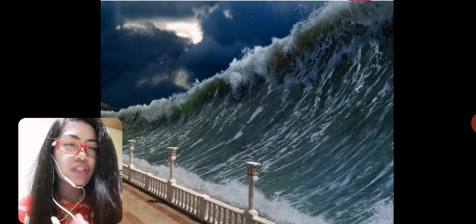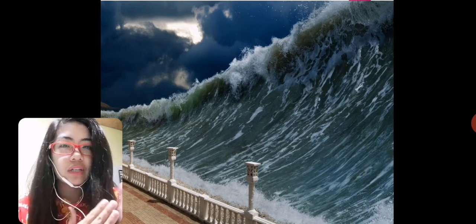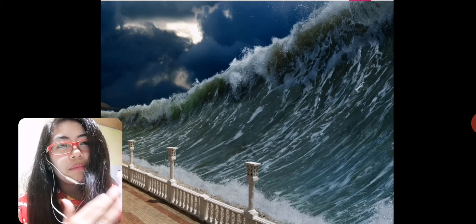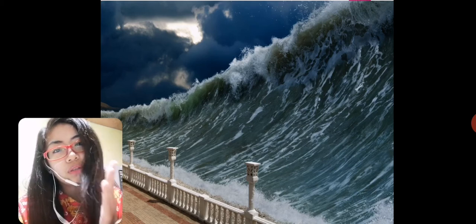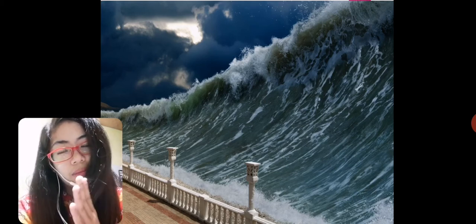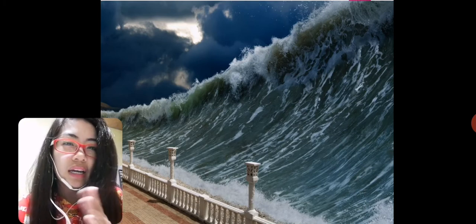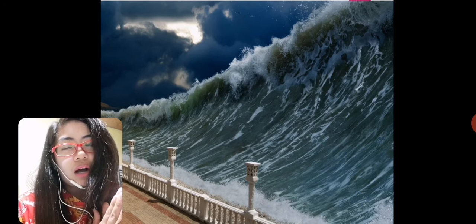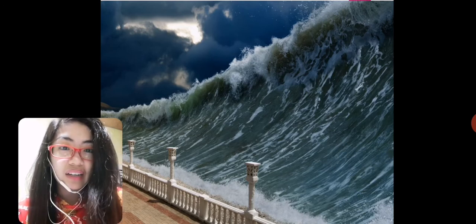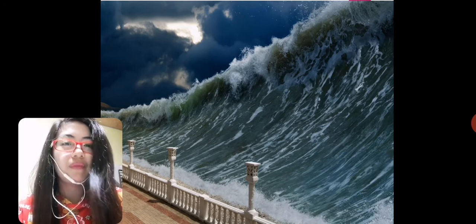Kunyari, for example, there is a tsunami dun sa may dalampasigan. If you're going to check yung area dun sa may bandang mas malalim sa kanya or mas malayo dun sa dalampasigan, inaabot lang yan ng about 1 to 2 meters high lang yung taas ng mga waves dun.